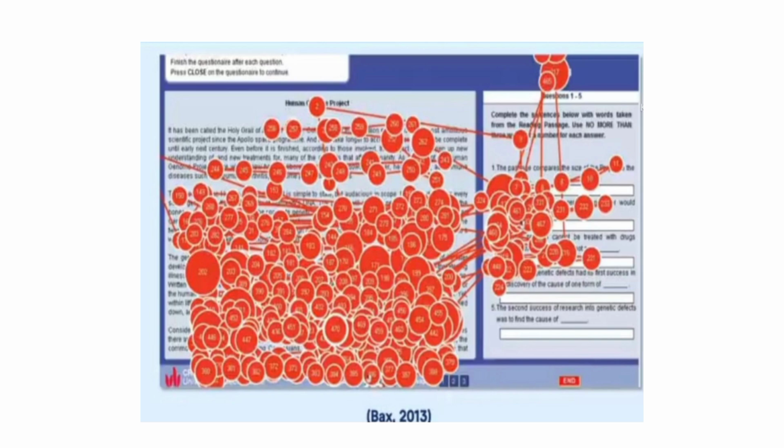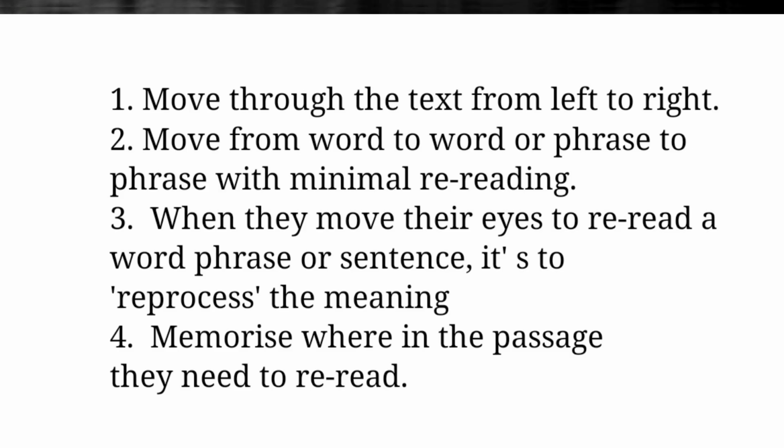And it's the reason why we are not getting sufficient time. We will search for that answer everywhere because we don't know where we have to search or what we are searching for. When efficient readers read, they only read from left to right. Even in stressful situations like exam conditions, they will read only from left to right. They won't mix everything in the passage, or try to read from the middle portion of the passage.